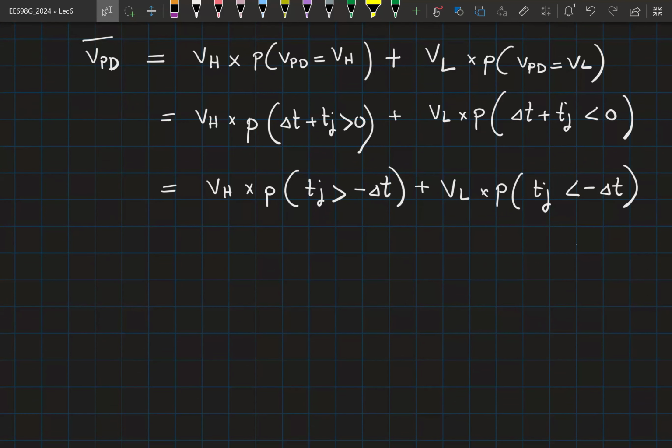Is it okay? Right. So let us look at the probability distribution and see if we can rewrite this in terms of delta T directly, because it becomes a little easier to plug it into simulation tools. This is integration, right? But I want to rewrite the equation in terms of delta T instead of minus delta T. That's all.